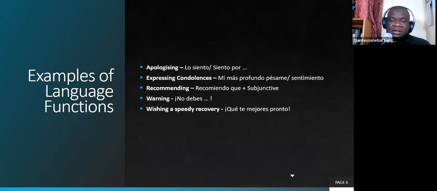And we have some examples of language functions. Now, language functions, as we will see, each situation that you are given is actually asking you to include some sort of language function. Now, you may ask, what is a language function? If we go back to the example that I gave, your mother is leaving the house because she is late for work and she gives you two instructions of things to do.